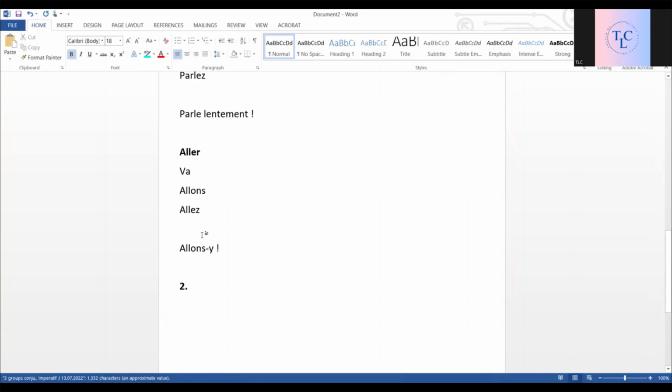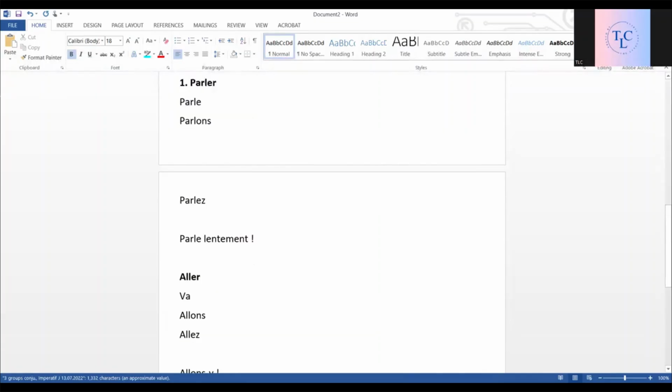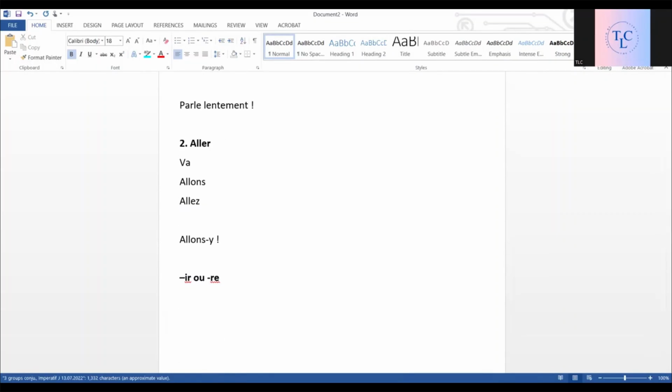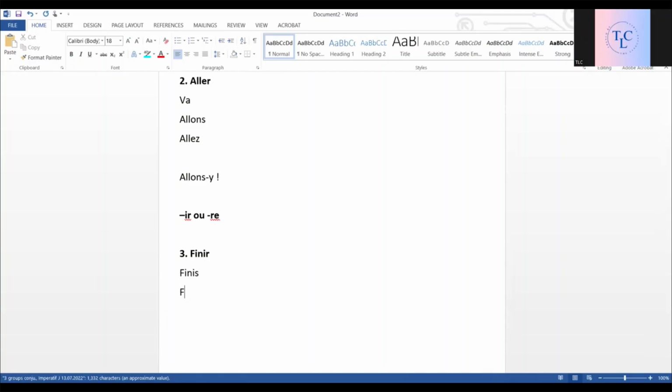Secondly, if it is an IR or RE ending verb, what do we do? It is just like the present tense. Let's take for example finir: finis, finissons, finissez.